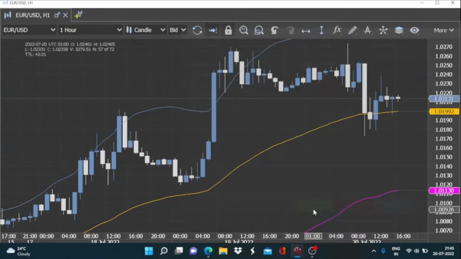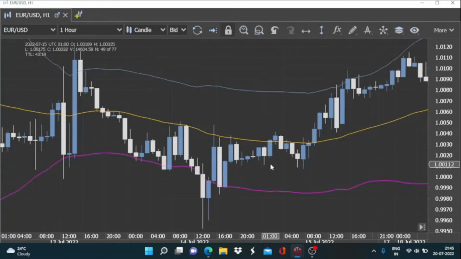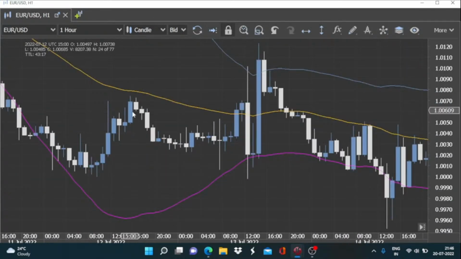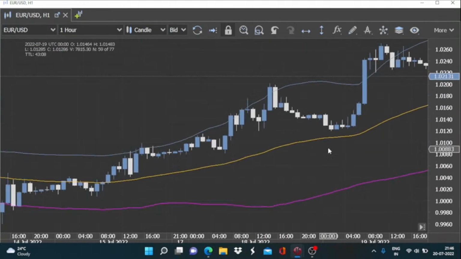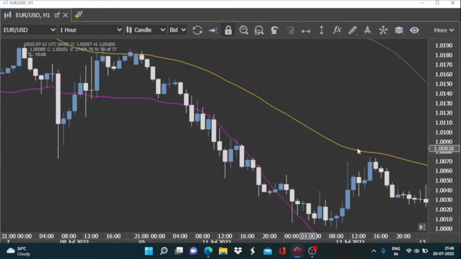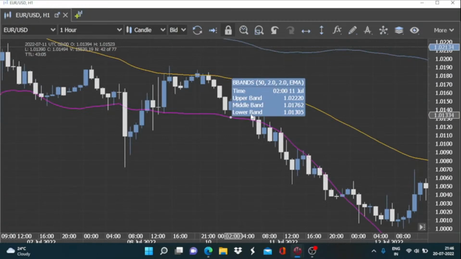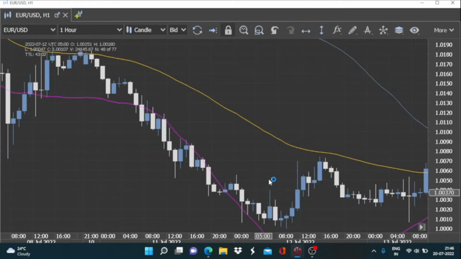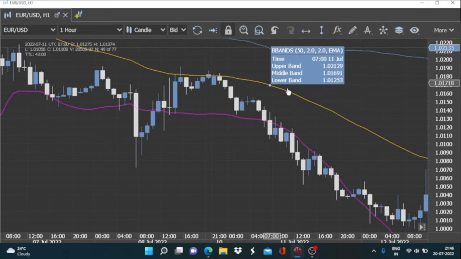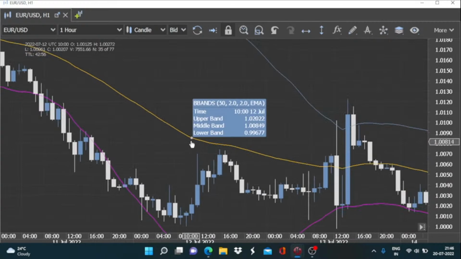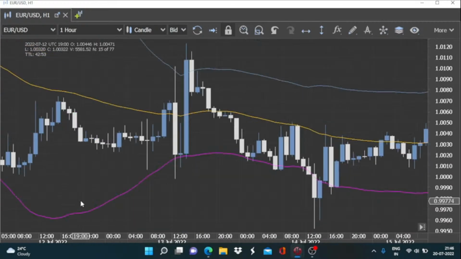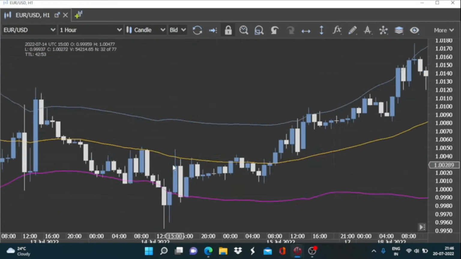And now that we are using 50 candle period data, which is 50 hours of data, as we have the candle period defined at hourly, we have a lot more smoothing in this middle band, and similarly, we have this smoothing in the upper band and lower band, which are simply the standard deviation distance added and subtracted from this middle band. So accordingly, these two lines, the upper line and the lower line, get plotted.